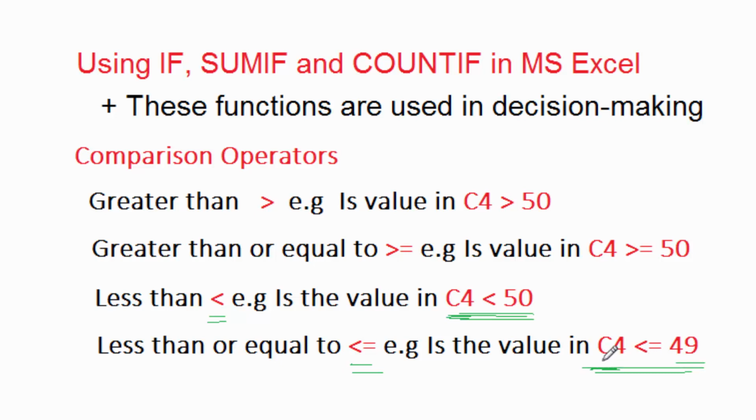If, for example, C4 has 49, in that case this expression still will be true because 49 is equal to 49, although it is not less than 49. But, for example, if what is in C4 is 55, in that case the whole of this expression will be false because 55 is not less than 49, and also it is not equal to 49.